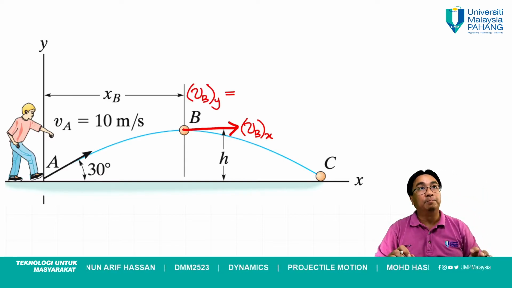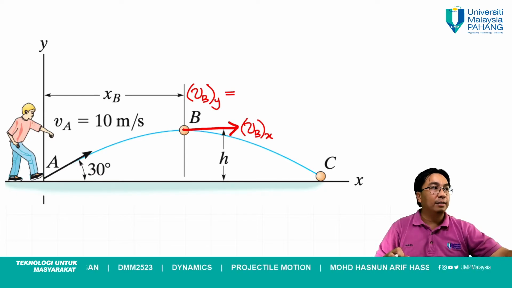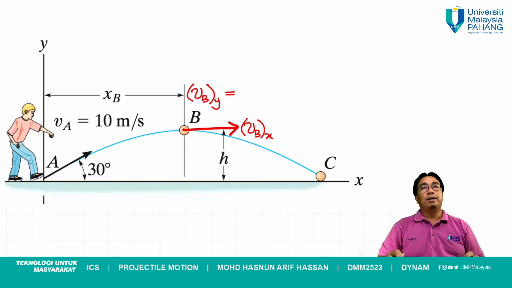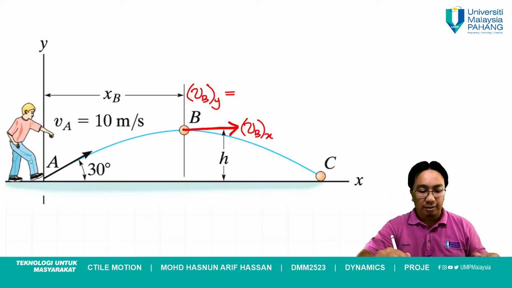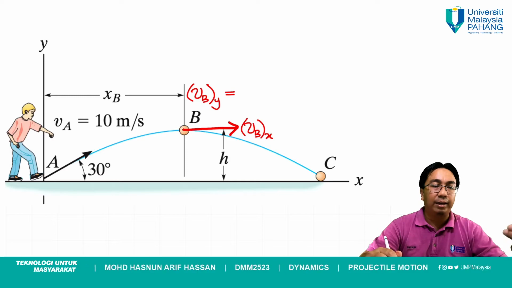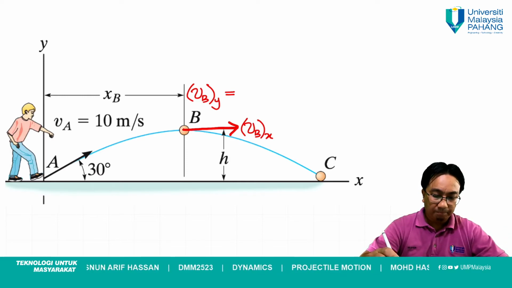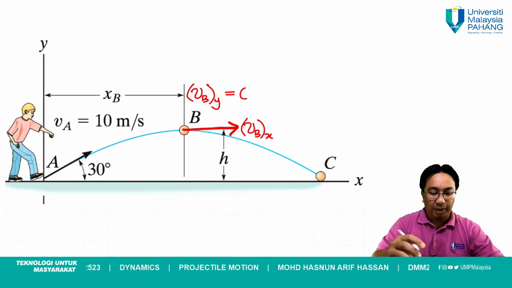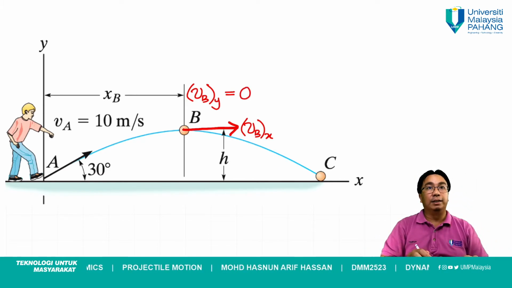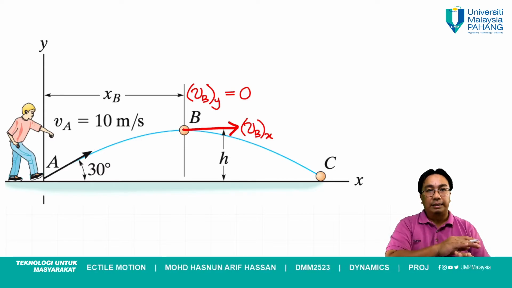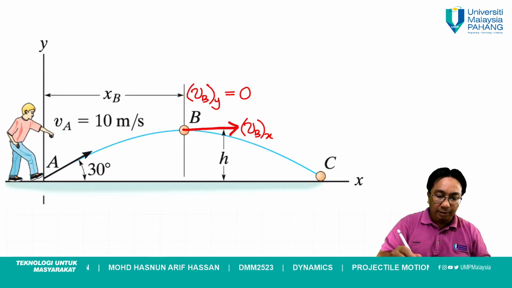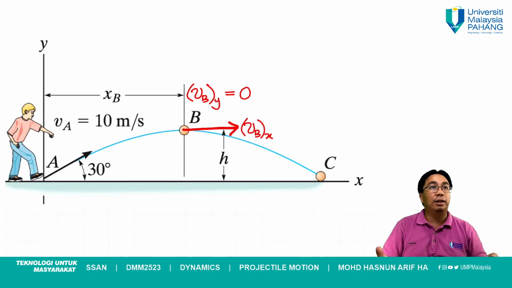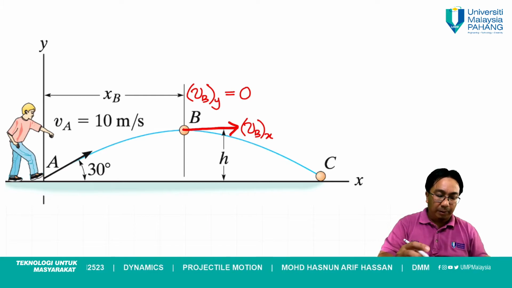Pada point B. VBY is equal to, ingat tak saya beritahu tadi, pada peak position dia, what is the velocity in Y component? Zero, disebabkan pada point B ni velocity dia ialah tangent to the path. So tangent di sini exactly pada x axis. So komponen Y itu tidak wujud pada point B.